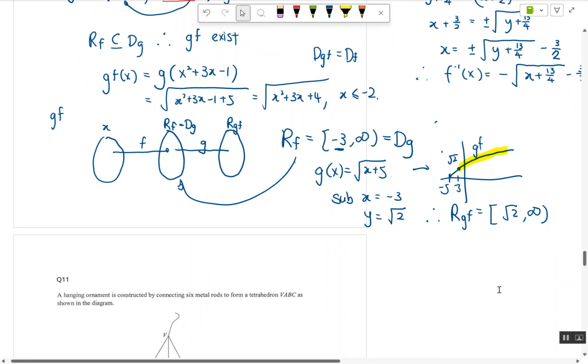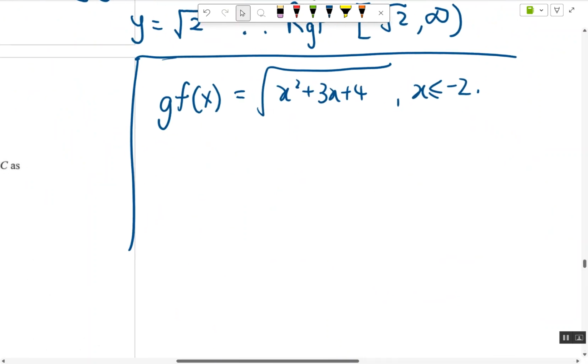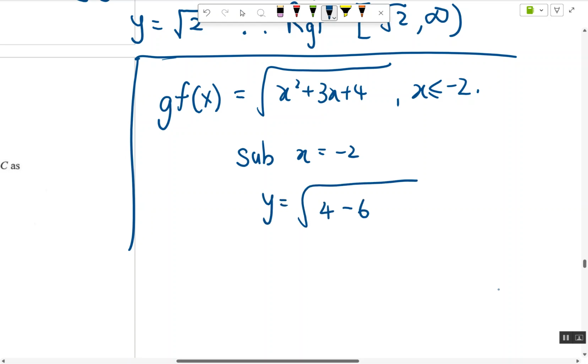Okay, so another way, which could be easier if you don't really understand how to do this, the easiest way would be: I already have gf(x), which is square root of x squared plus 3x plus 4 for x less than or equal to negative 2. Plot this out and see whether it is an increasing or a decreasing function. If it's increasing, when you sub x equals negative 2, you will get y equals square root of 4 minus 6 plus 2 plus 4.